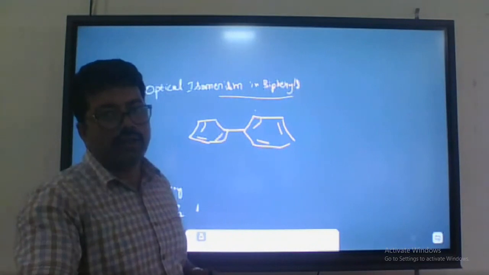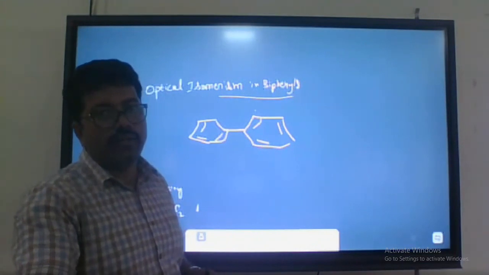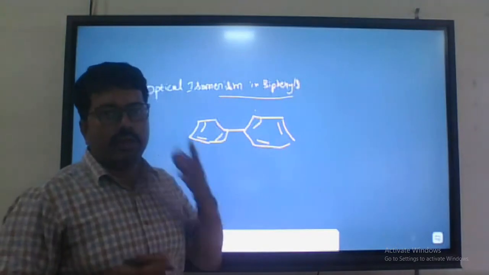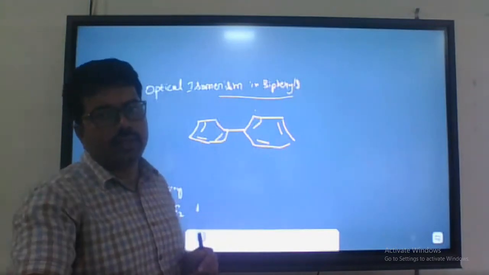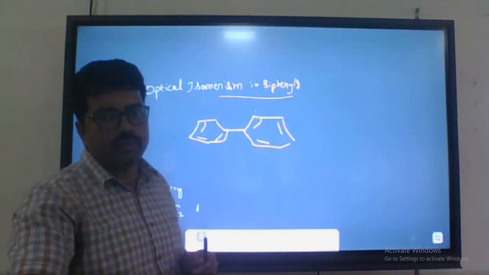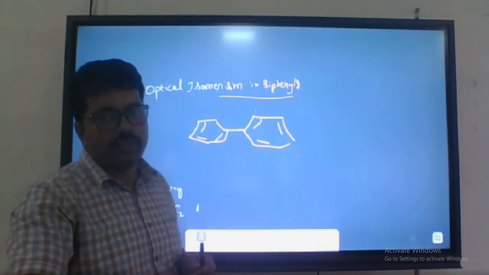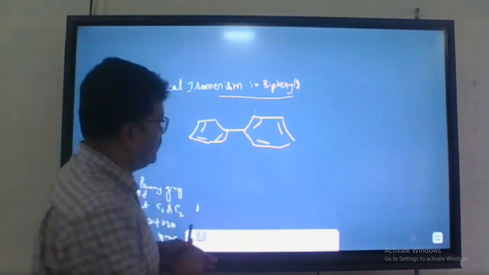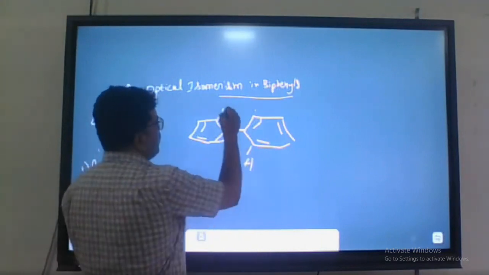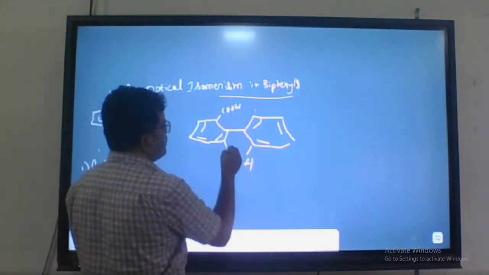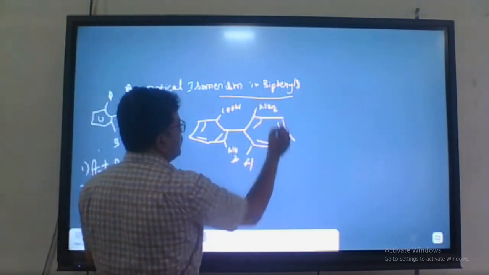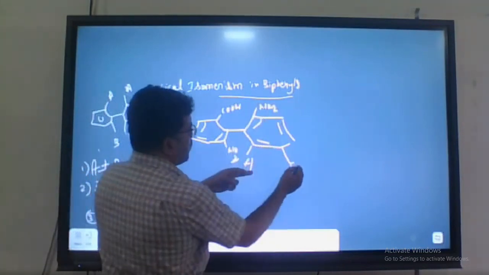It may not be in the ortho position alone. It may also be present in a meta position. So in meta, one may be present in the meta position. Meta position means if this is H and this is COH and this is NO2 and this is NO2, the COH here is fine.